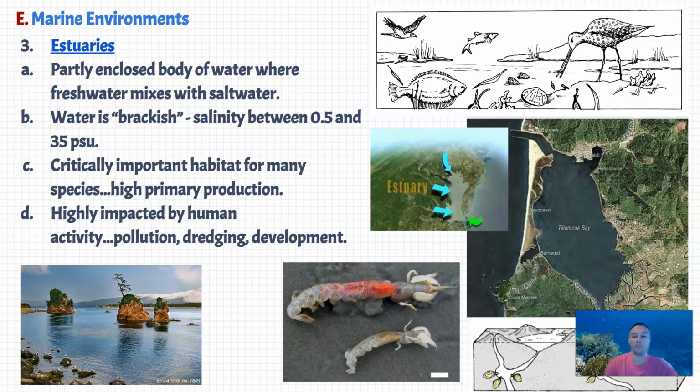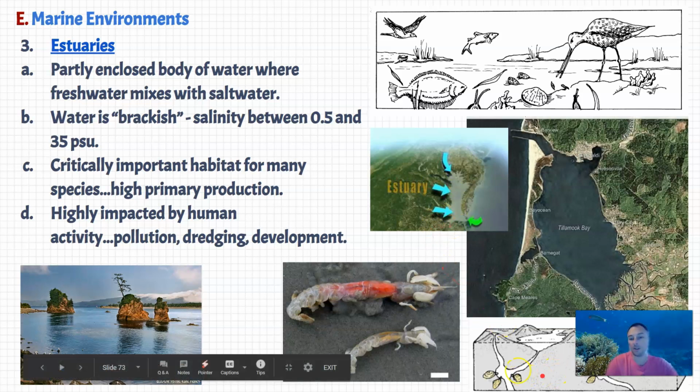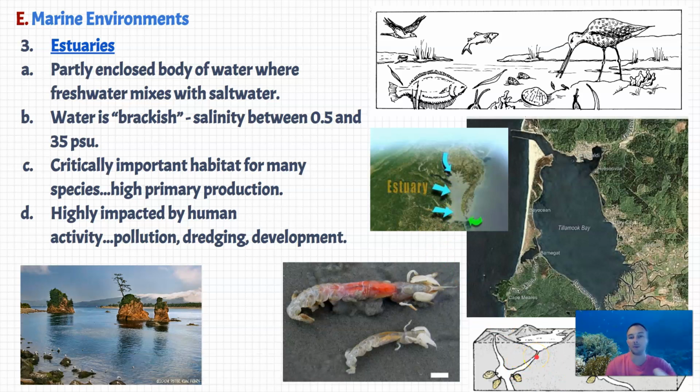They can store up pollutants because of the porous nature of their substrate. So the muds and the silts, with all the worms and all the things burrowing down there, and all of the fine sediments. You start dumping, especially heavy metals or PCBs or other things in there. They can stay in there for a long, long time, basically until they're cleaned out. So you can really skunk an estuary, basically.